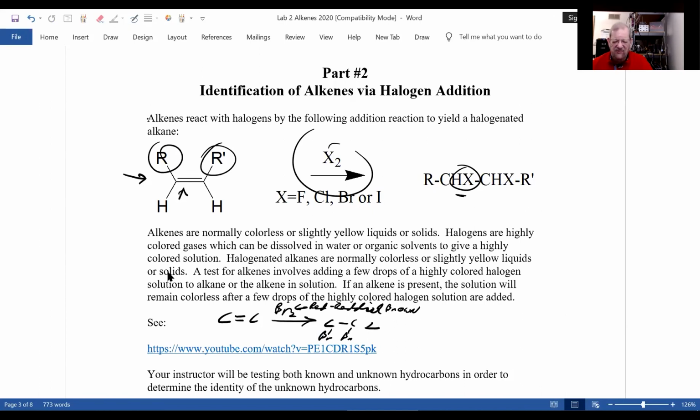Now, these compounds are either colorless or a slight yellow color.